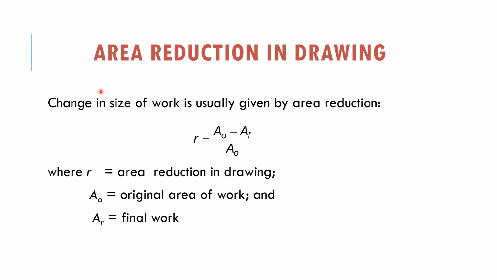The change in size of the work is usually given by the area reduction, the cross-sectional area of the work part. It is calculated using R equal to A naught minus A final over A naught. This is the reduction ratio, where R is the area reduction in drawing, A naught is the original area of the work, and A final is the final area of the work.